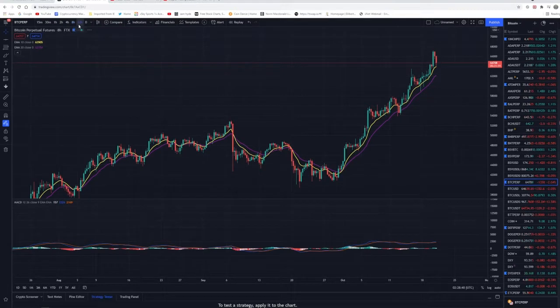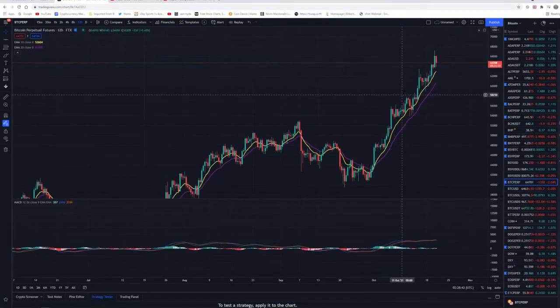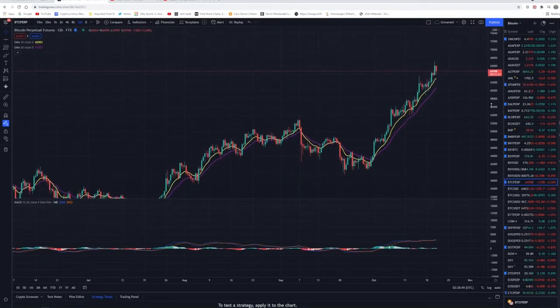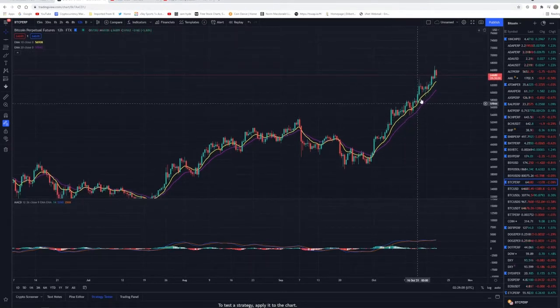So what you want is the cleaner it is, the better the trade. Here, it's come back in, it's pulled back into this zone. It's come back here, pulled back in, pulled back in. So it's still a little bit messy on this. What about the 12-hour chart?